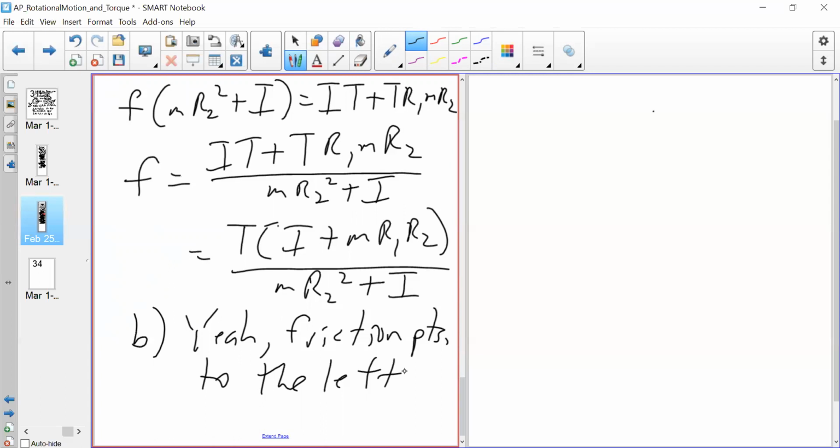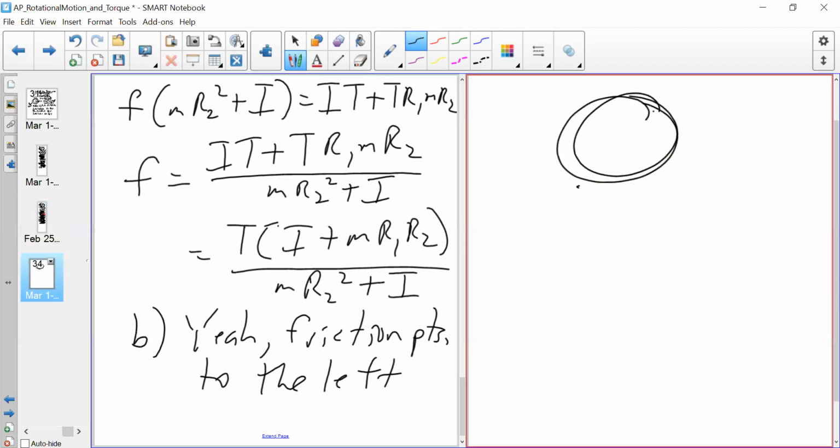And another way to see that it's clockwise: look at the force that's pulling the object and see where the center of mass is going to point. The center of mass is going to be pointing to the right. Therefore, under the influence of T, this thing is going to roll to the right.